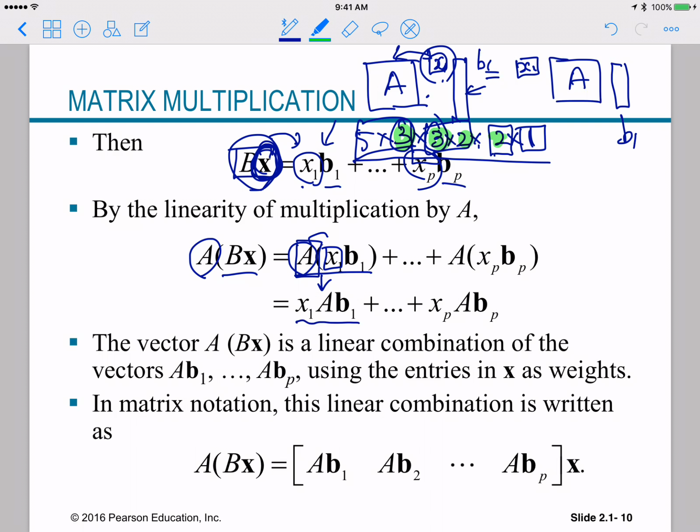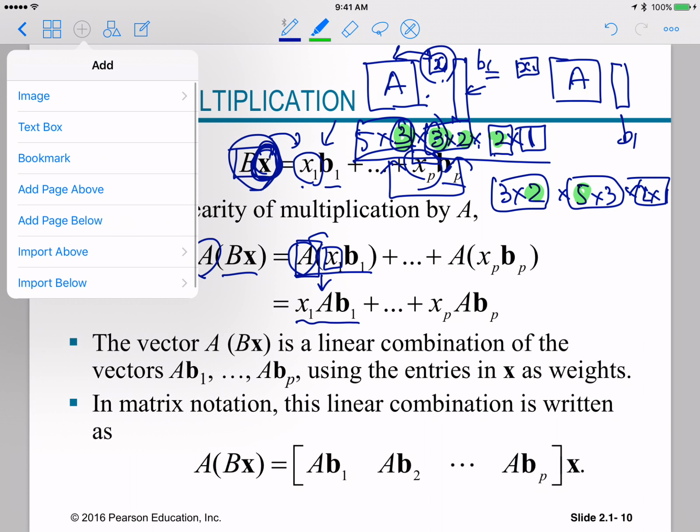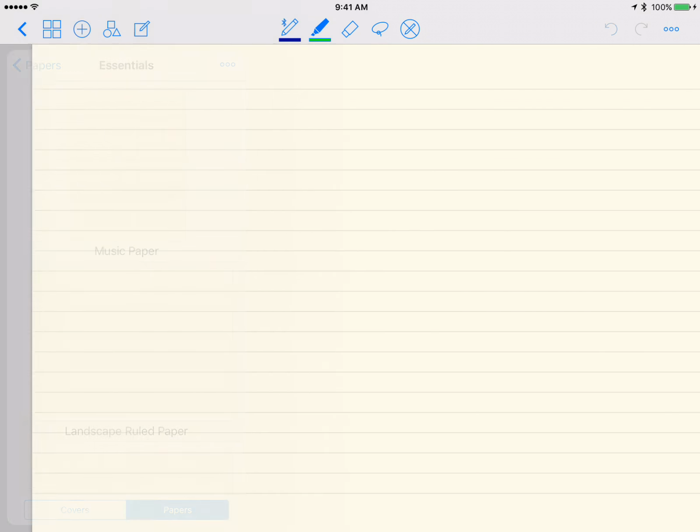But if we change the order between these two, it's suddenly a 3 by 2 matrix times a 5 by 3 matrix times a 2 by 1, right? So in this case, those two don't match. As we will see, one non-trivial characteristic is that this is not the same as this in general.